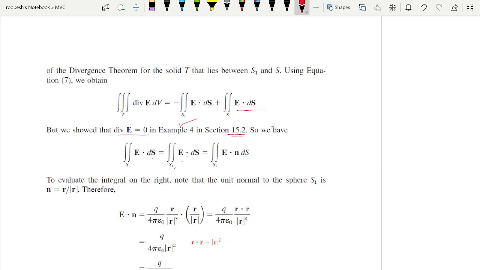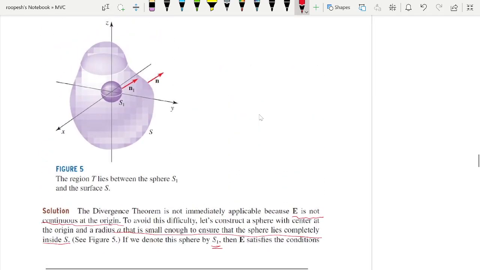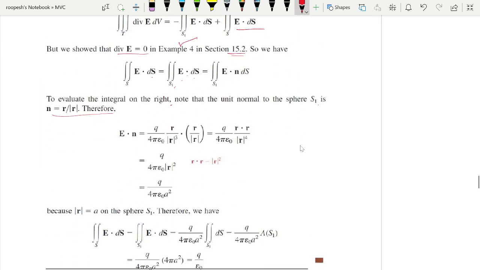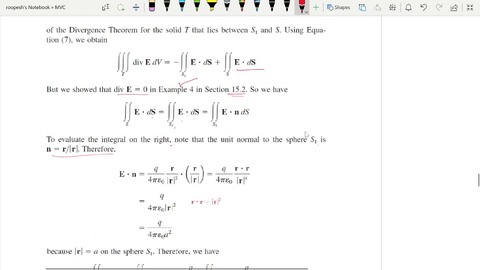Now to evaluate the integral on the right, note that the unit normal to the sphere S1 is r by norm r. Here the normal should be r by norm r, since we are going to take the unit normal.